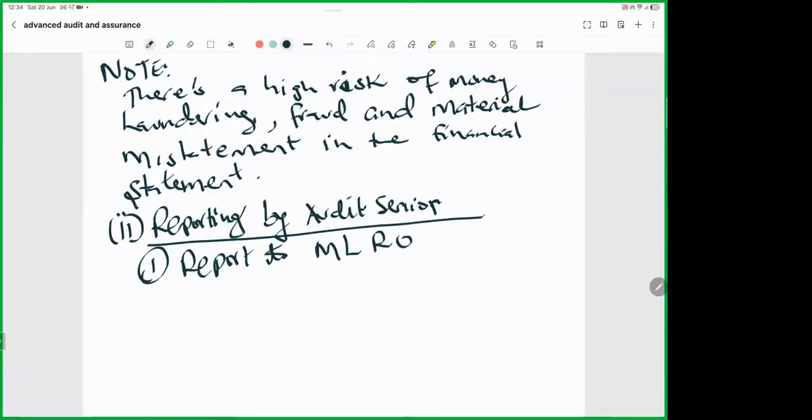Report the matter immediately to the firm's money laundering reporting officer. Please write this in full: money laundering reporting officer. Then number two, very importantly for your exam, always remember to mention there, report quickly. Do not delay.